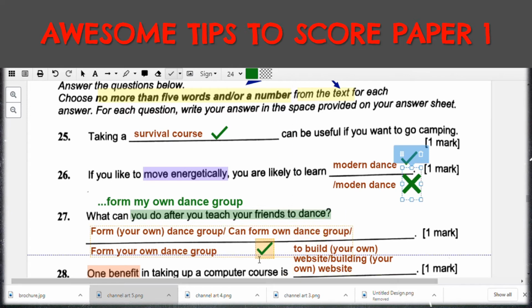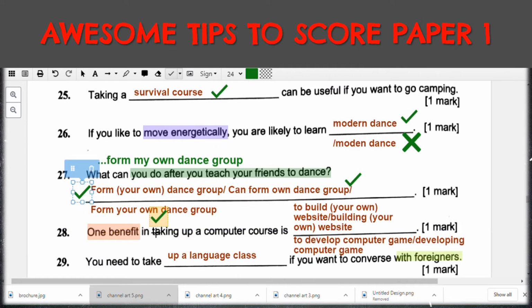Does it answer the question? What can you do? Can form own dance group. Yes. Okay, this one also can be accepted. Now, what about this? Form your own dance group. Of course, same, right? 1, 2, 3, 4, 5. Because the question is what can you do? So this one, correct.